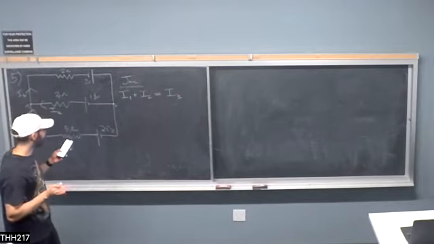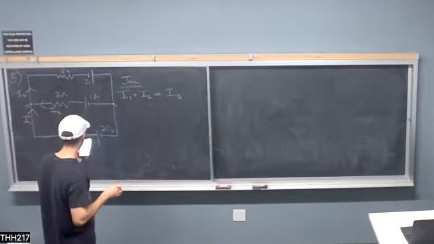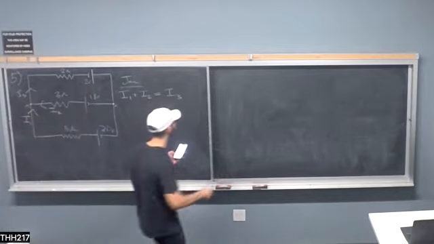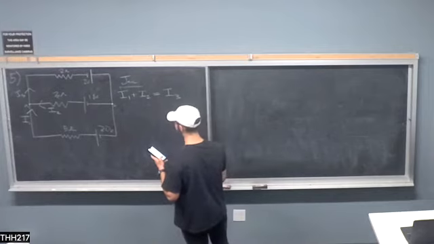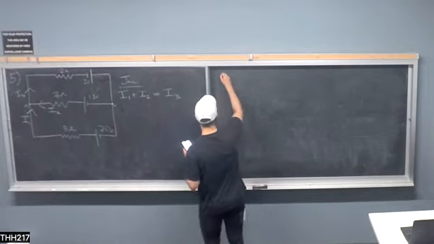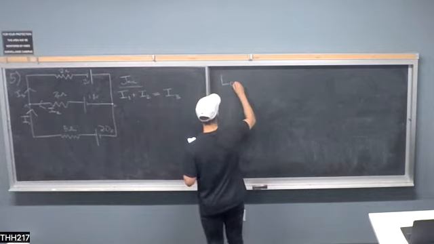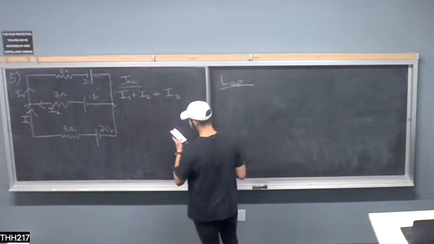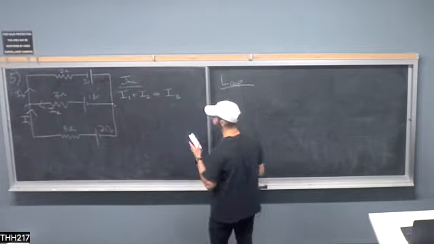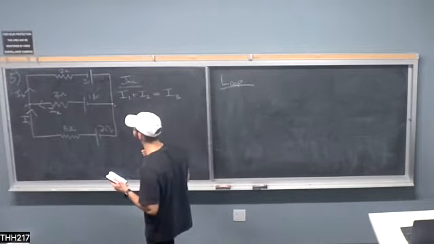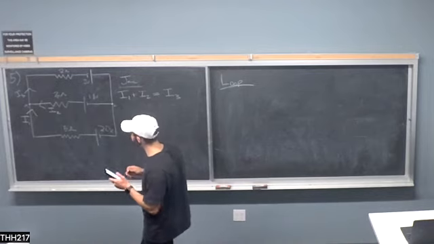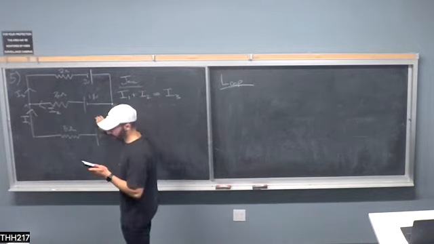Next, we have our loop rules. Maybe I'll do that over here, to be very clean, so everyone can see what's going on. Remember, you can do any combination of loops as long as they involve one of the currents. So I'm going to do a loop starting with this bottom position here, sending it clockwise.